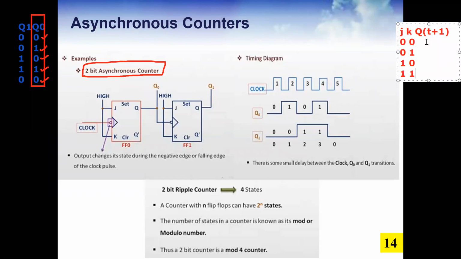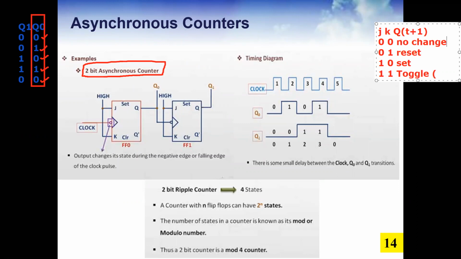So when both are 0 0, which state is this? Do you remember? No change. When it is 0 1, which state is this? Reset. This is 1 0, set. And this one 1 1, when both are 1 1, what is that one? Toggle state. What is the meaning of toggle state?